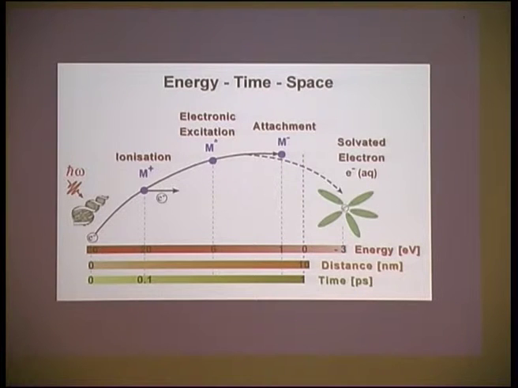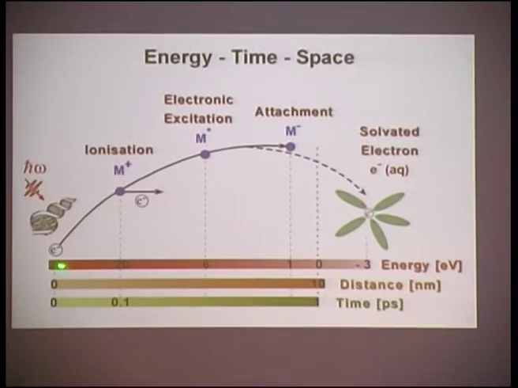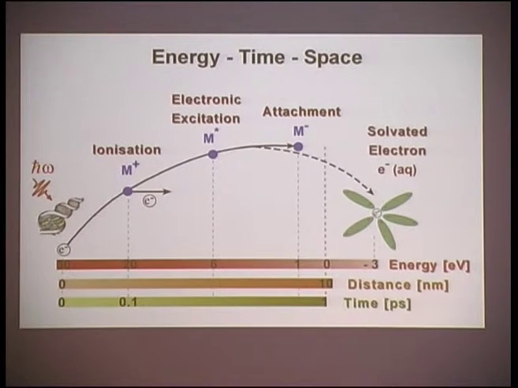So we have a situation which is schematically shown here. You have a high energy quantum which produces secondary electrons at an initial energy up to a few tenths of eV.